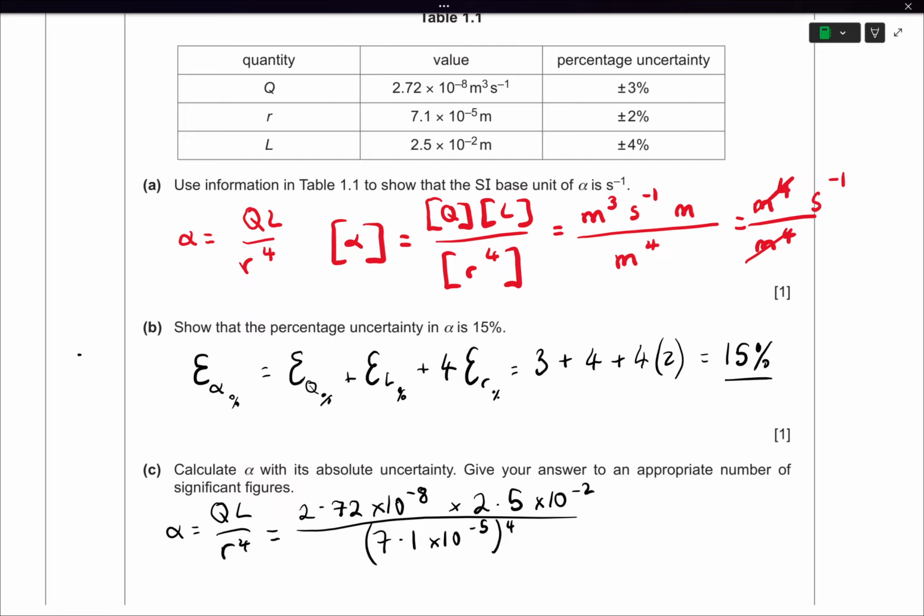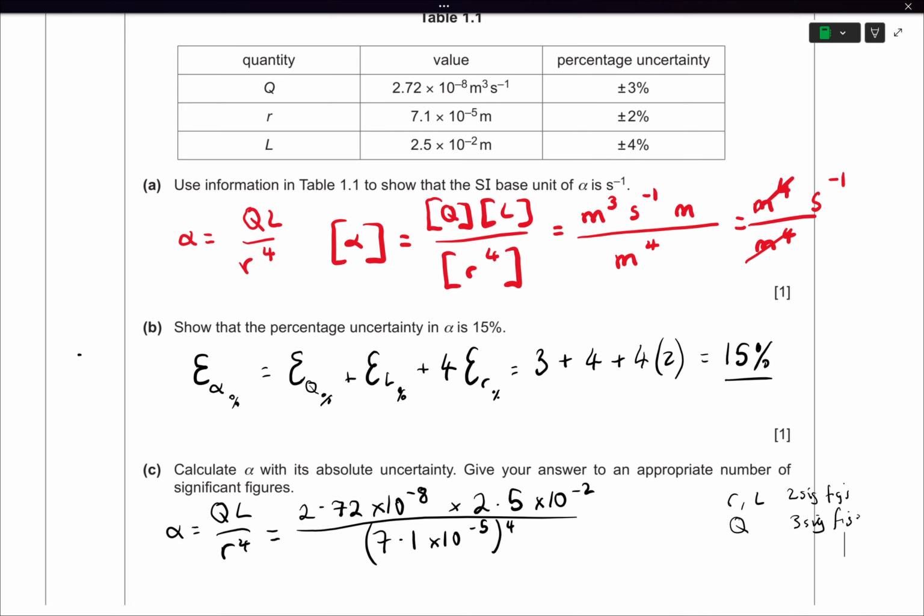We should note down at this point that our values of R and our values of L are to 2 sig figs, whereas our value of Q was to 3 sig figs.